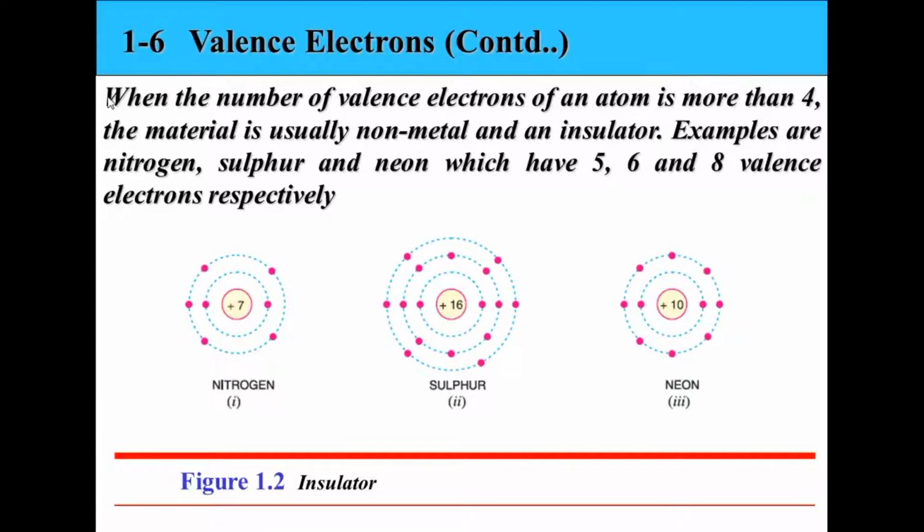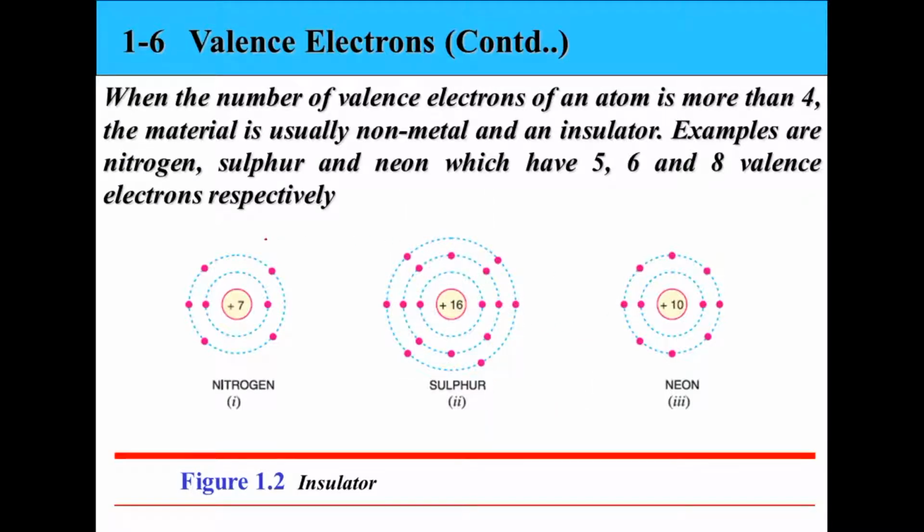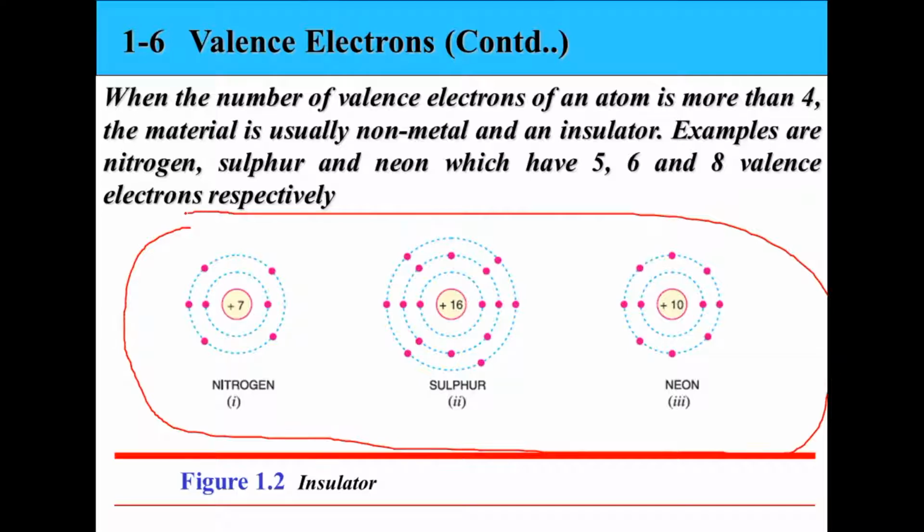For example, here we looked at nitrogen, sulphur, and neon. Nitrogen has 5 electrons in its outermost shell. Sulphur has about 6 electrons in its outermost shell, and neon has about 8 electrons in its outermost shell. So if you look at all these atoms that we have here, they are more than 4.